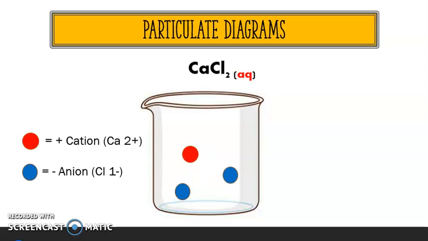So this would be a particulate diagram for CaCl2 aqueous, calcium chloride aqueous. When we put it into water, each ion breaks apart. Notice that according to the formula, we should have one calcium, the red sphere, and two chlorines, the blue spheres. Let's take a look at what this might look like with another compound.